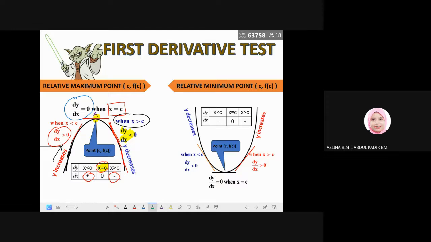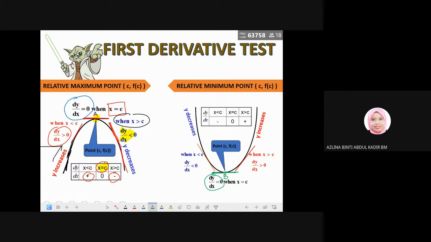Where? Here, let's say point B. B is the minimum point when the tangent touches the curve where dy/dx equals 0, when x equals c. The tangent to the curve is parallel to the x-axis.